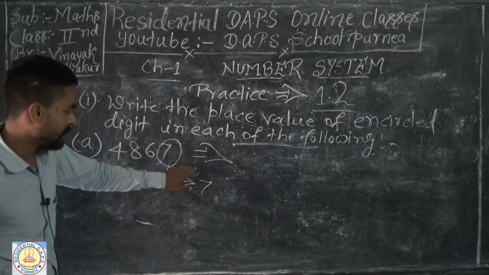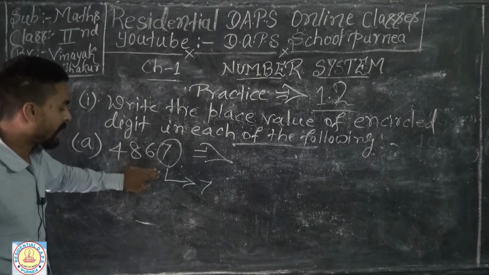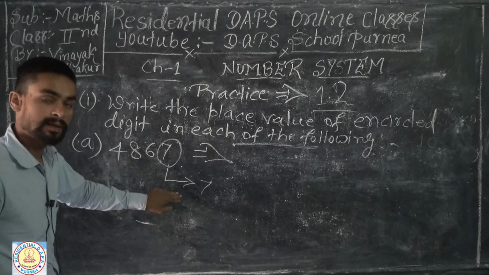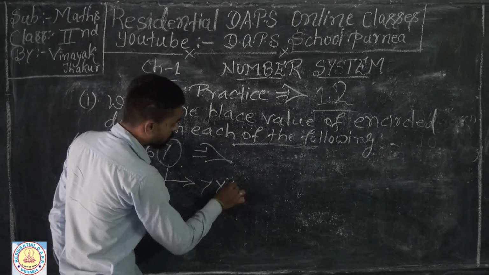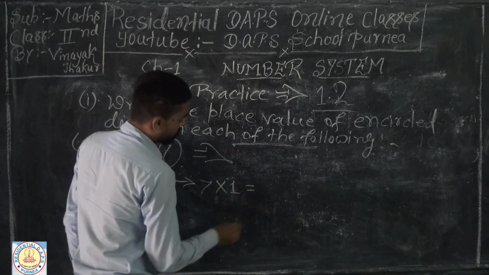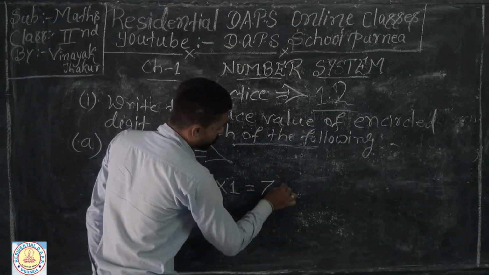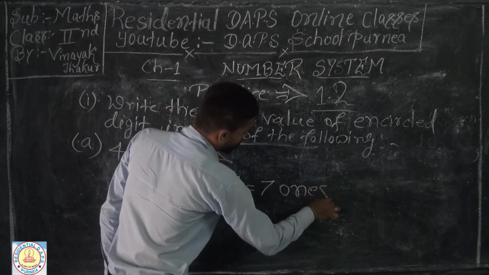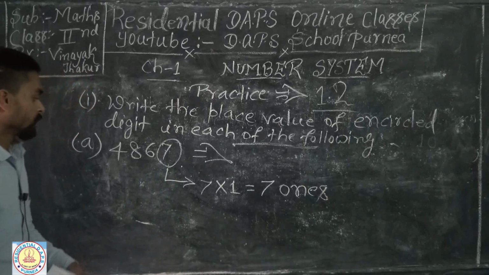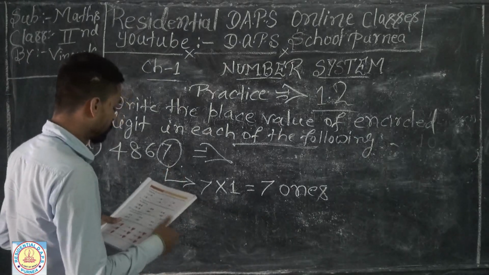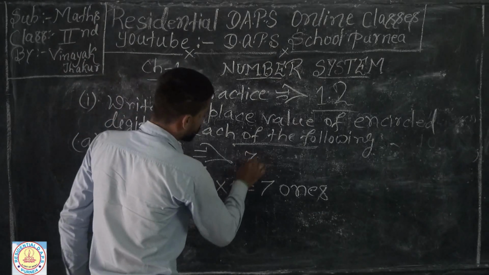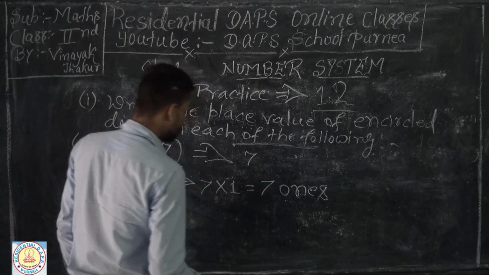Guys, look here, because 7 is at the ones place, we can calculate 7 into 1. Since 7 is at ones place, we can also say that it is 7 ones. So this is the place value of that encircled number 7.